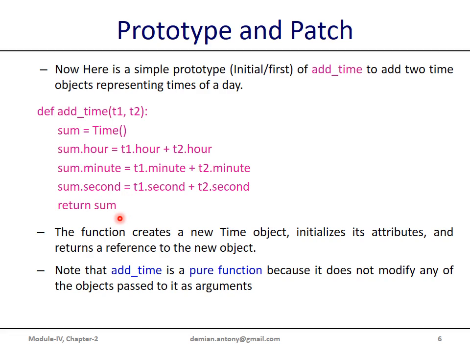This function will create a new time object and also initialize its attributes hour, minute and second based on the values of the hour, minute, seconds of t1 and t2, and finally it returns the new time object called sum. Note that add_time is a pure function because it doesn't modify the object parameters t1 and t2.